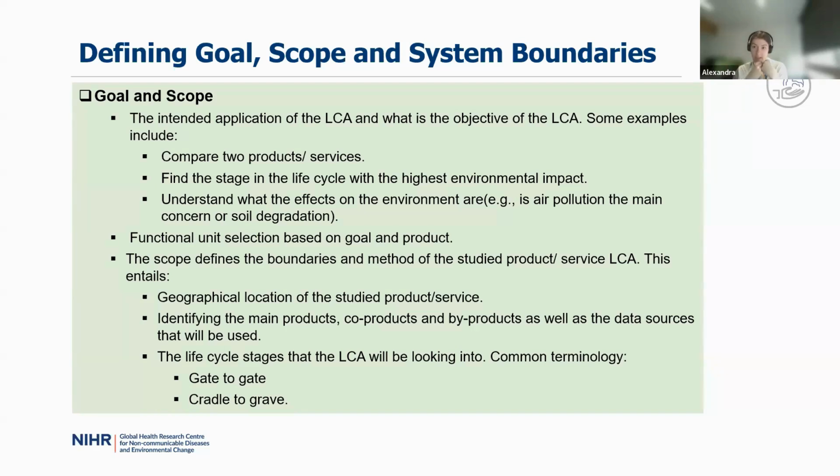We need to make sure that it is primary data, and in the cases where primary data is difficult to find, for example, you don't know the exact fertilizer that you're using for cultivation, you need to find ways about it, looking at national statistics, regional statistics if possible, the more precise the better. But if that is not possible, finding other ways and being clear about what the limitations of the data were and how you covered them.